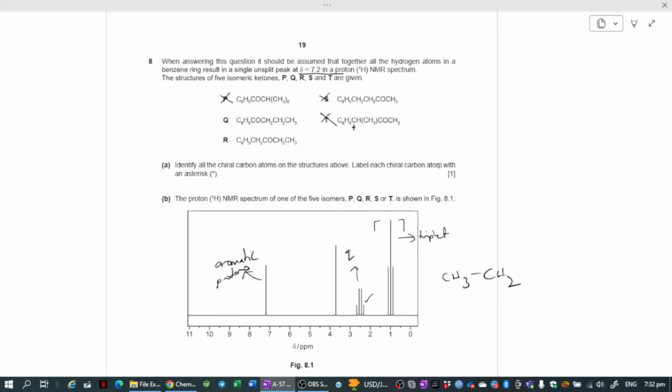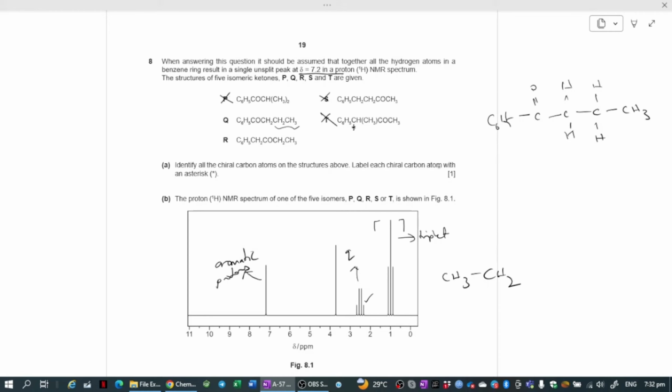So now the question becomes, is it Q or R? If we look carefully at the structure of Q, we have CH2, CH3, yes, but it's the order in which this is bonded. We have the C6H5, then we have C double bond O, then we have CH2, CH2, and CH3.